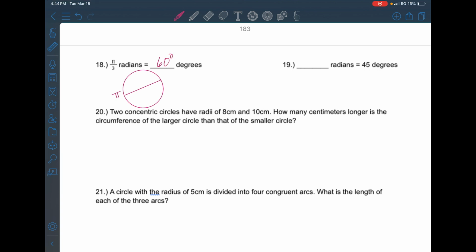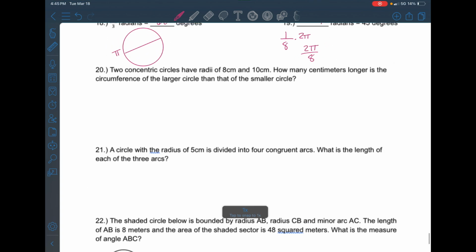And then 45 degrees goes into 360 8 times. And so if we did 1/8 times 2 pi, that is our whole circle, and we get 2 pi over 8, and we reduce that, we get pi over 4. So 45 degrees is pi over 4 radians.